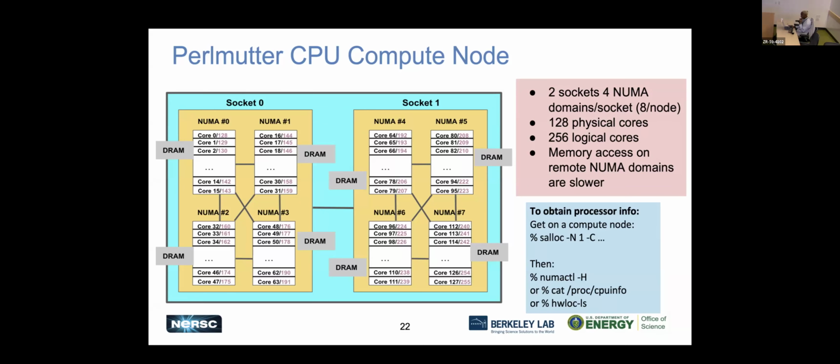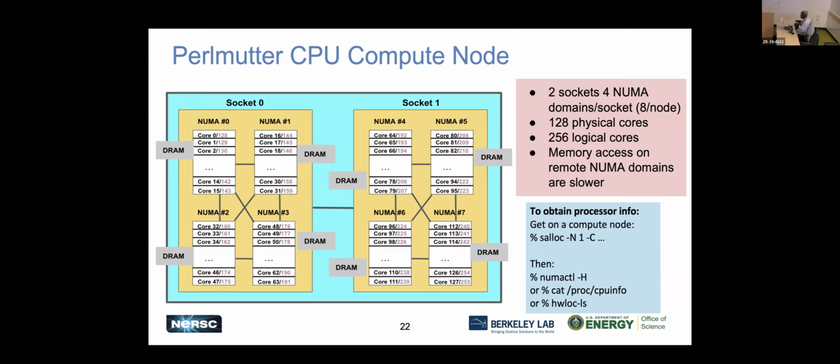And you have 16 cores on each NUMA domain. So it has 128 physical cores and 256 logical cores when you take into account threading and other parallel constructs to make use of.